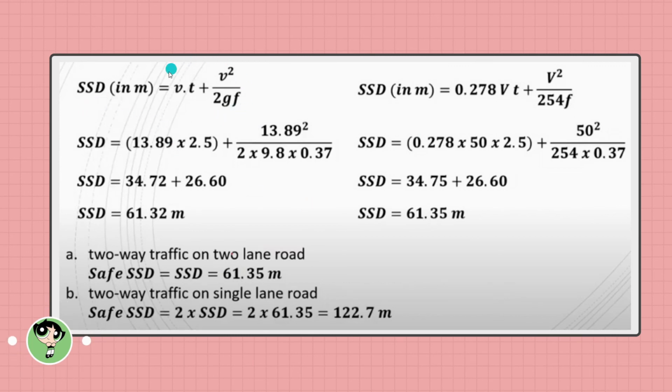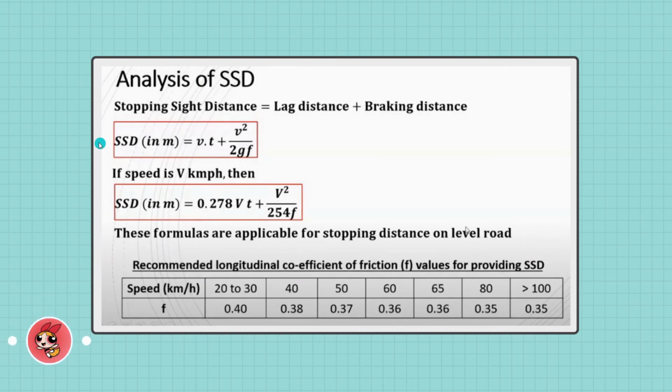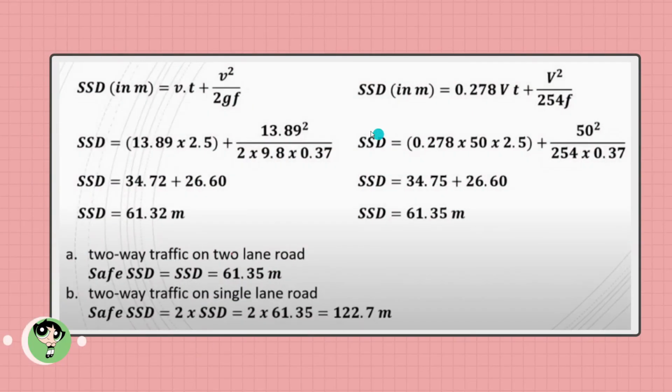In this part, we use the formula for V in meters per second, and on the other side, the formula for when our design speed V is in kilometers per hour. So, okay, we just have to plug in the values since everything is complete.